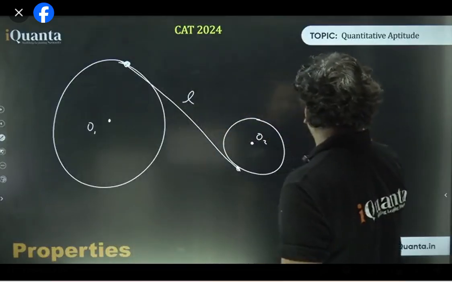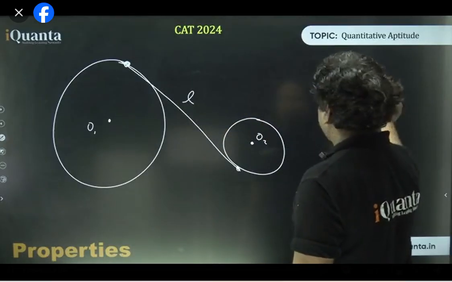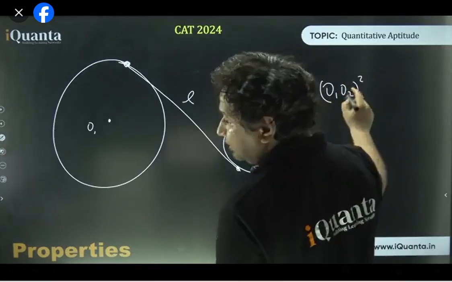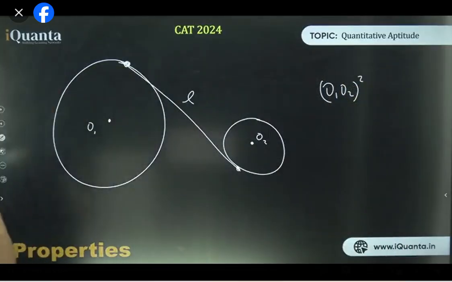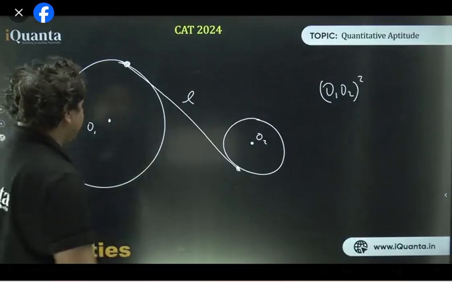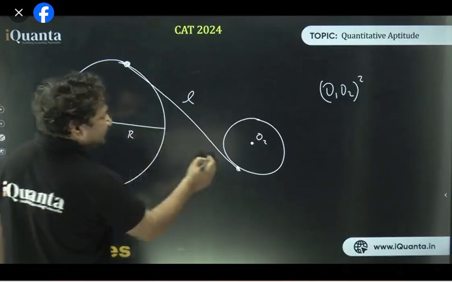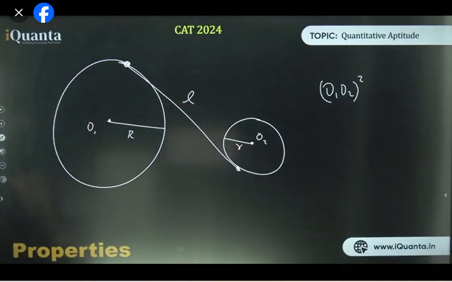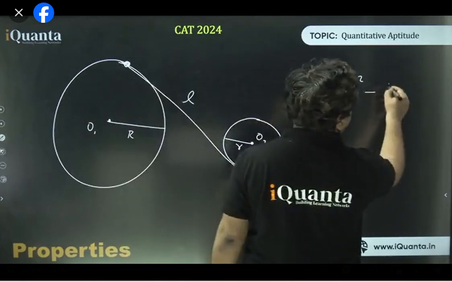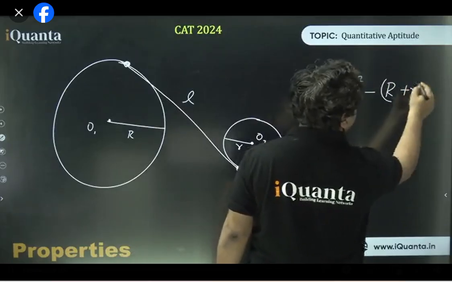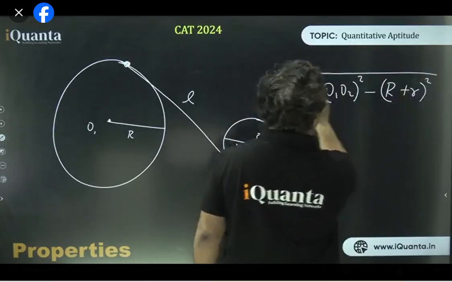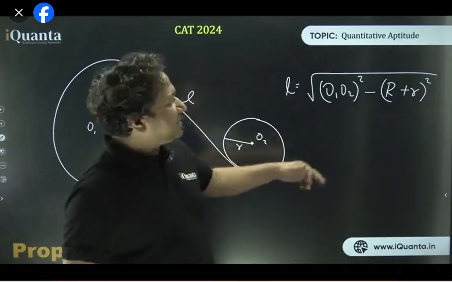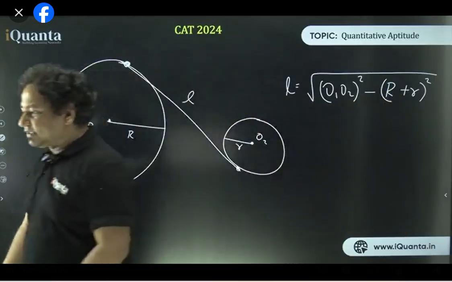Let this be capital R and this small r. Then it is the square root of O1O2 whole square minus (capital R plus small r) square. Just that in the previous case we had minus here, here we have plus. Is the screen visible to you guys?